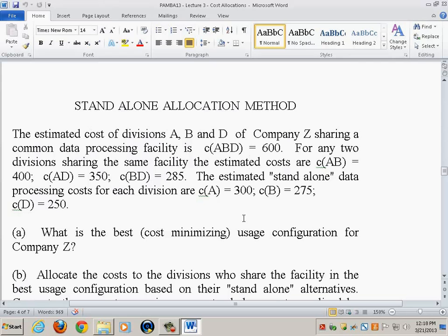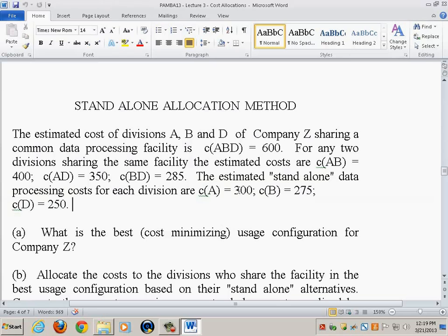Now, if each division has its own data processing facility dedicated only to it, these will be the standalone costs. For A to have its own, exclusively dedicated data processing facility, the cost will be 300 million. For B, the cost will be 275, and for D, the cost will be 250. So you can see, much more expensive.